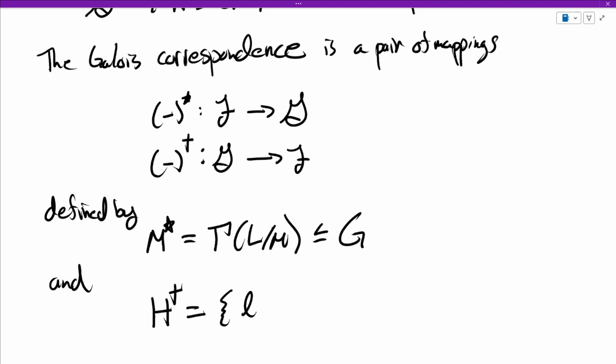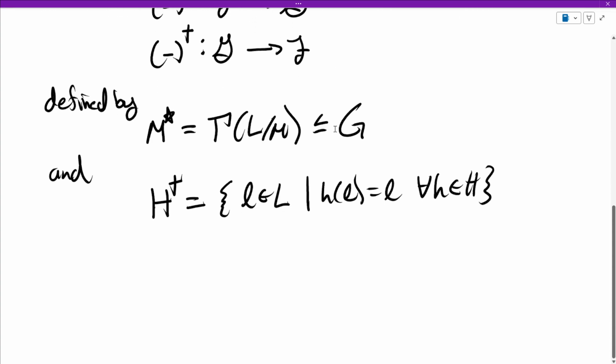So it's the collection of all l in L such that h(l) equals l for all h in H. So it's, if you like, the intersection of all the fixed loci of each element of H. So we could even write it like this: the intersection over h in H of L^h, the things in L that are fixed by h, where L^h is the fixed locus under the action of the element h.